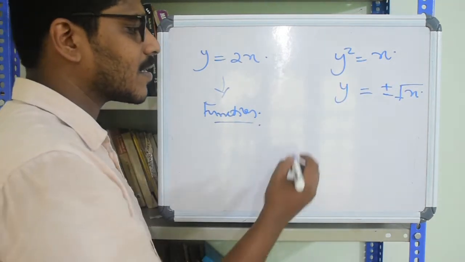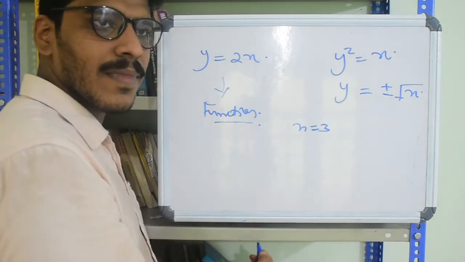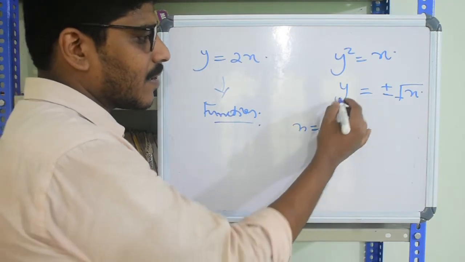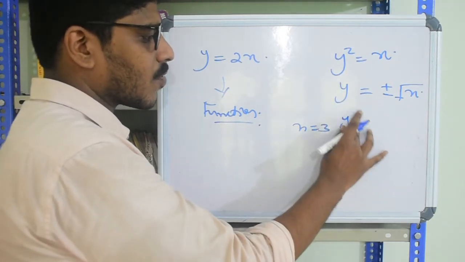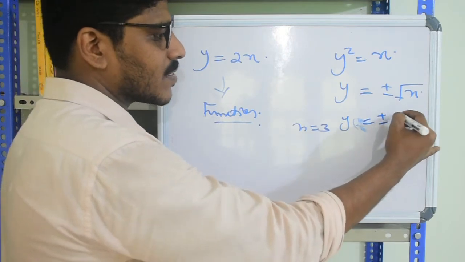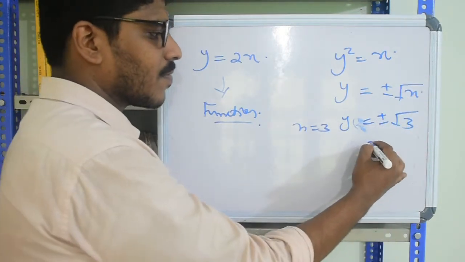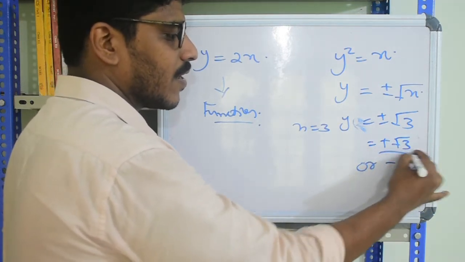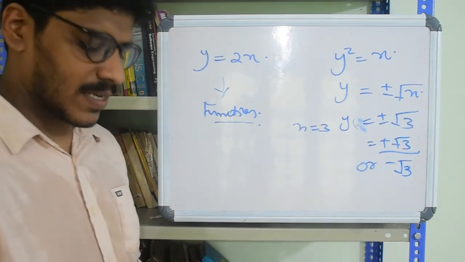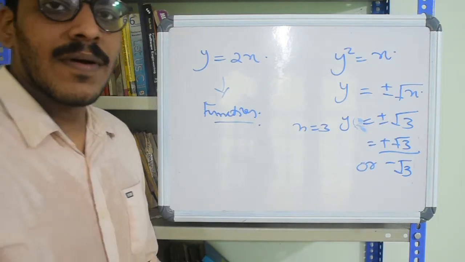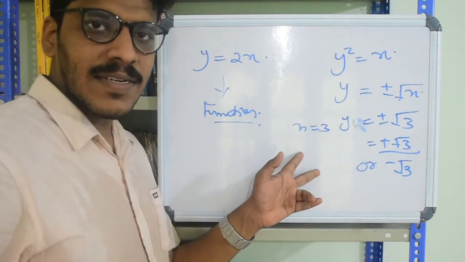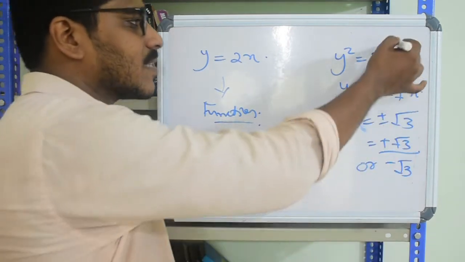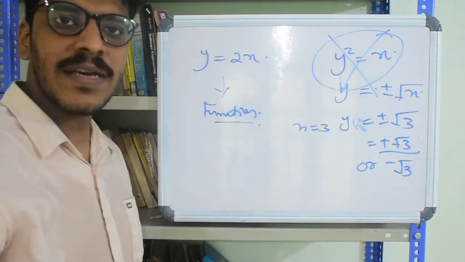If I consider x equal to 3, y squared equal to x means y equal to plus or minus root x, so for x equal to 3, y equals plus root 3 or minus root 3, which is in fact two values, which are no way equal. So sometimes it may happen that for a single x value you have two y values, and in such a case such equations are not considered to be functions.